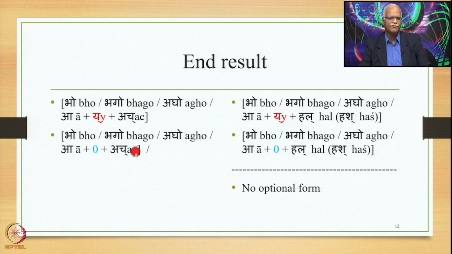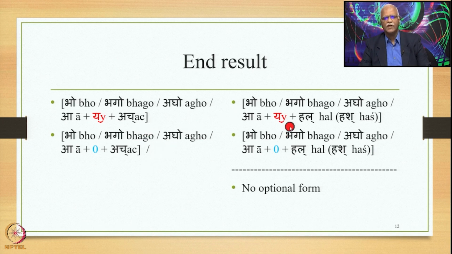So let us look at the left hand side first. If you have bho slash bhago slash agho slash a plus ya plus ach, this is the input, and the sutra Bho Bhago Agho Apurvasya Yoshi 8.3.17 applies and substitutes this ya by 0. And this is done optionally. So you can get this form as an optional form as well.